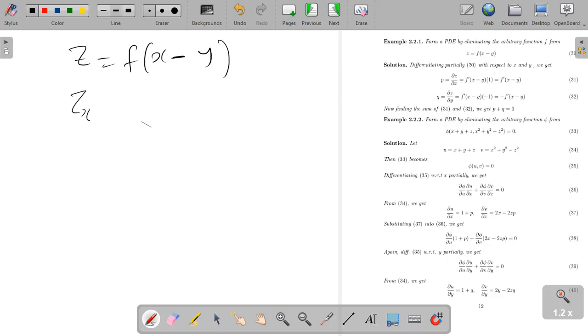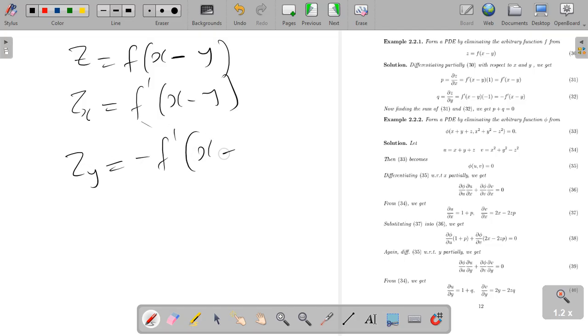Okay, so zy will give you minus f prime of x minus y. I hope you know, because differentiation of minus y will give you minus, so that's the main reason for this minus. So if we add equation 1 and 2, we are going to have that zx plus zy is equal to 0, and everything is gone. That's what we are looking for.